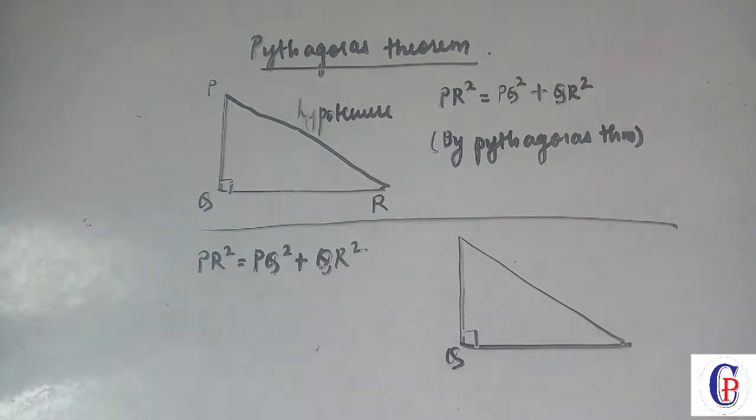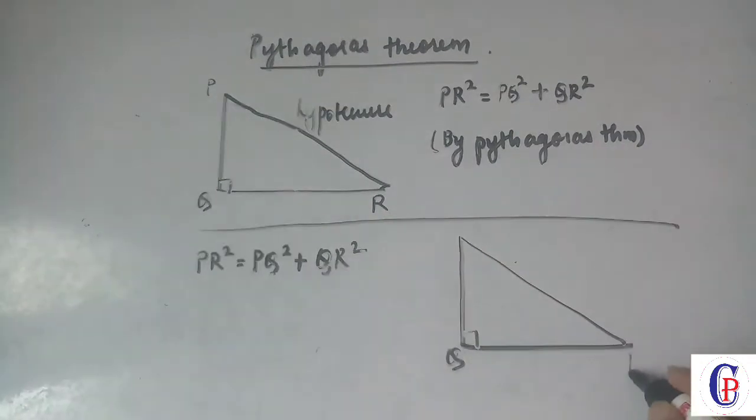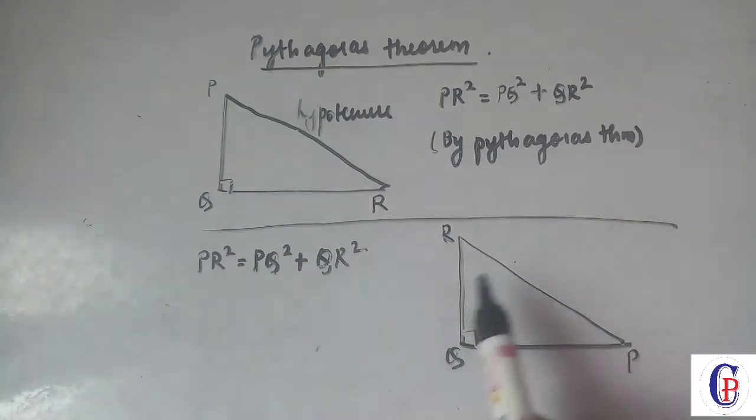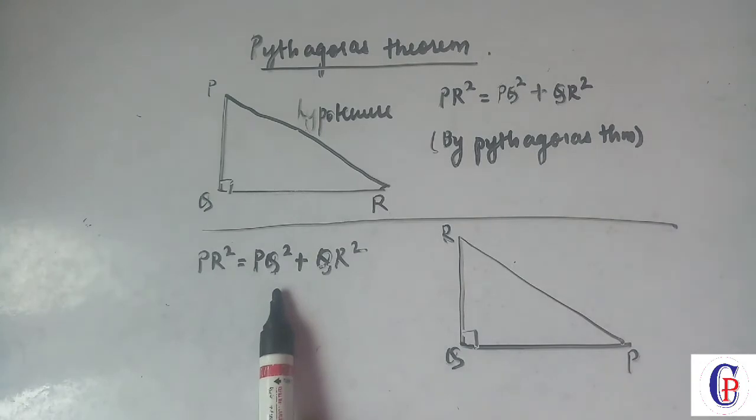The other two letters remaining are P and R. You can write P here and R there, or the other way around. So this is the triangle with angle Q as 90 degrees.